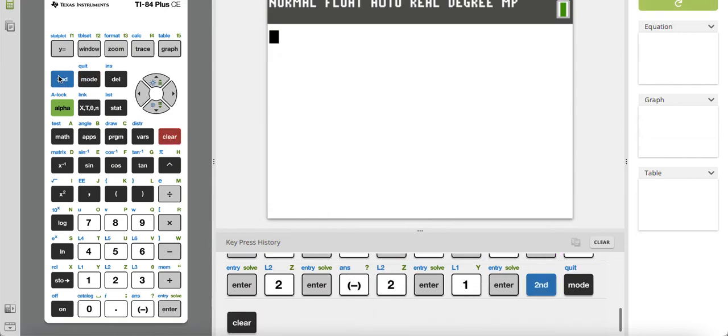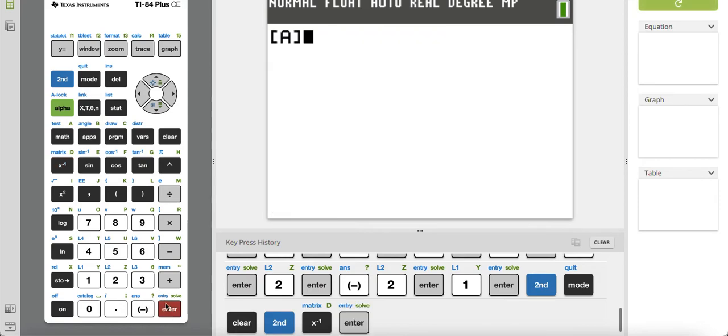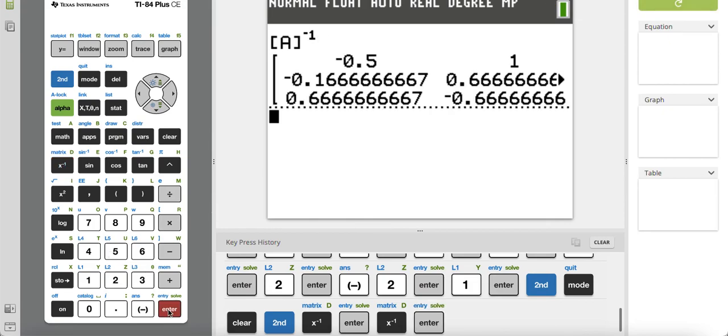So we go to second matrix, we click the name matrix A, and we want the inverse, which is this button right here, x to the negative first. So A inverse, enter, and there is our matrix. So we have negative 1/2, negative 0.16, negative 2.